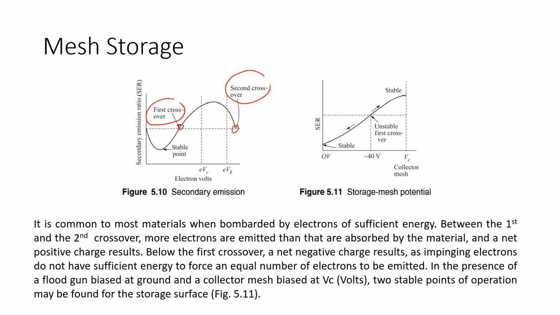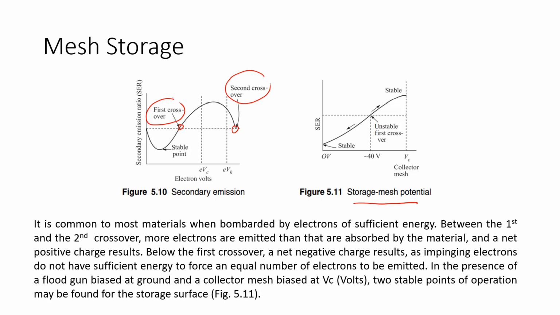So we can see this is the secondary emission, and then this is the storage mesh potential in figure 5.11. Before the first crossover, the collector mesh voltage is around 0 to 45 volts.